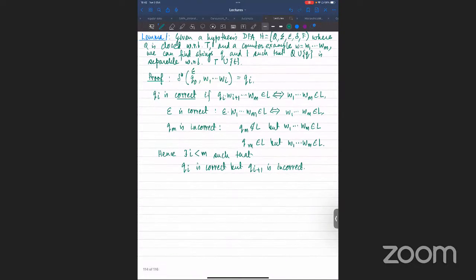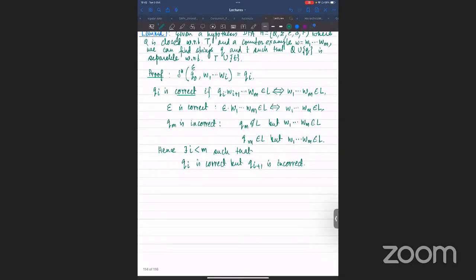Right? And now, what we would like to do is, if qi is correct, then you are reading wi plus 1, and you have qi plus 1.